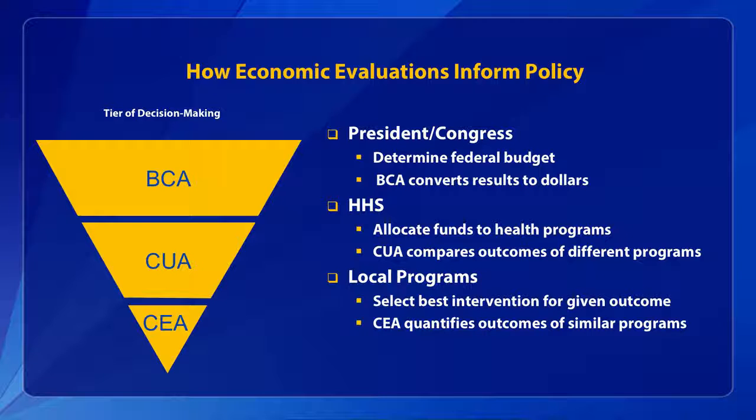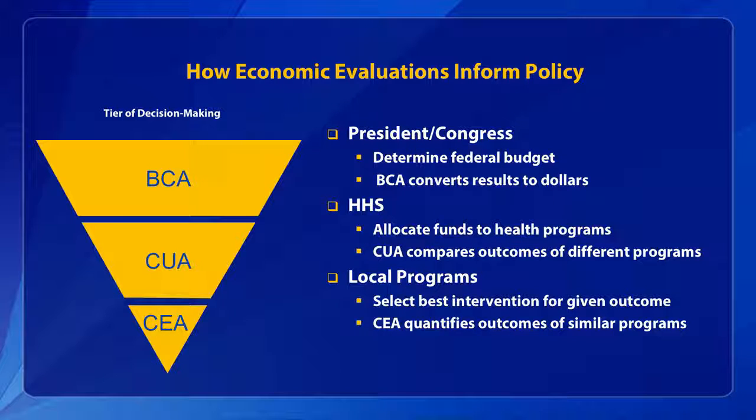In contrast, the CDC director makes decisions about interventions that affect different health programs. For example, hypertension screening versus diabetes prevention. The outcomes are different, hypertension versus obesity, but both are health-related. So a cost-utility analysis, which includes only benefits that affect different aspects of health, is the most appropriate economic evaluation method.